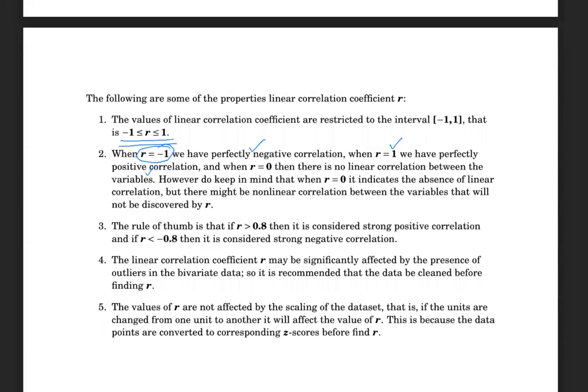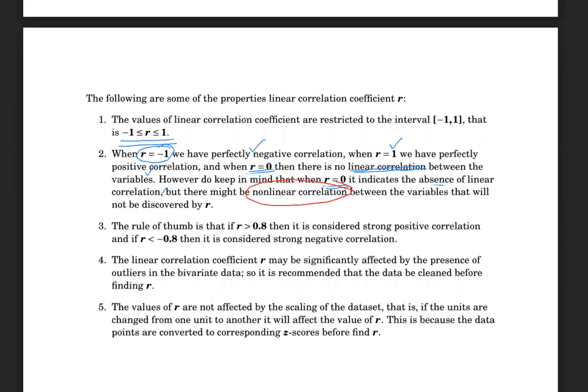If R is 0, that means there is no linear correlation. But keep in mind, if R is equal to 0, it indicates the absence of linear correlation, but there might be non-linear correlation between the variables that we don't know about.